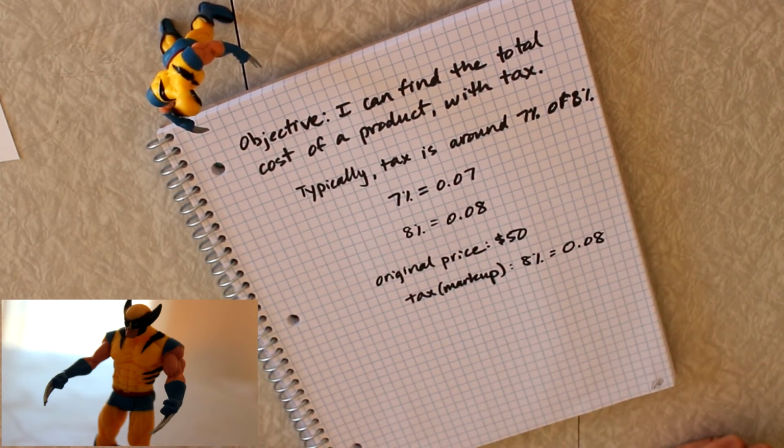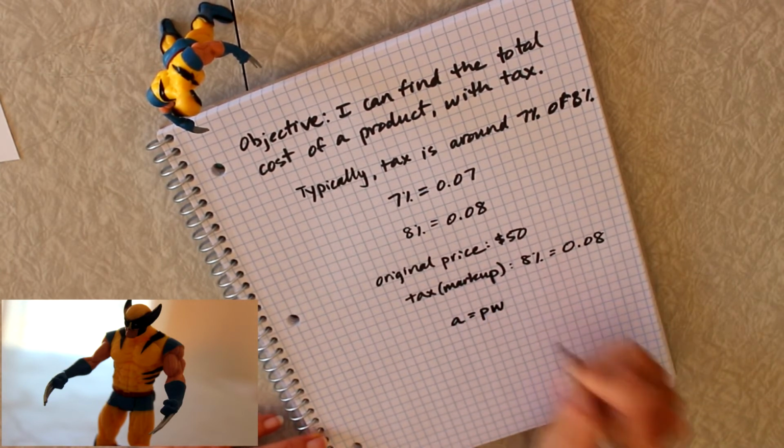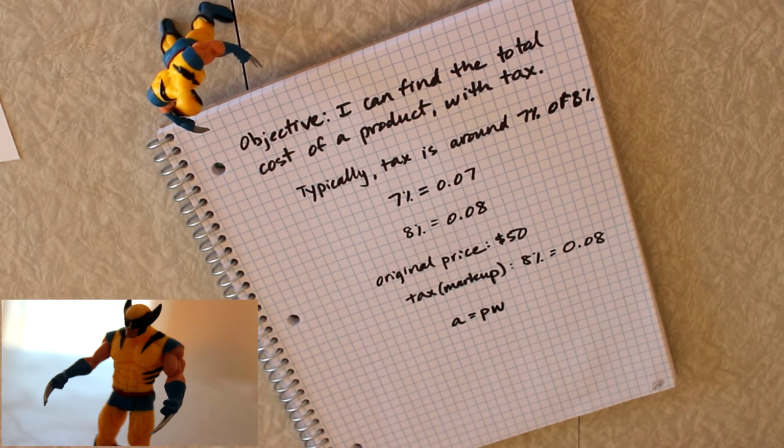And we're gonna go ahead and apply it to our percent equation, which was A, which is the part, equals the percent times the whole. And hopefully this percent equation is just becoming much more familiar to you as we go over it in each of our lessons.